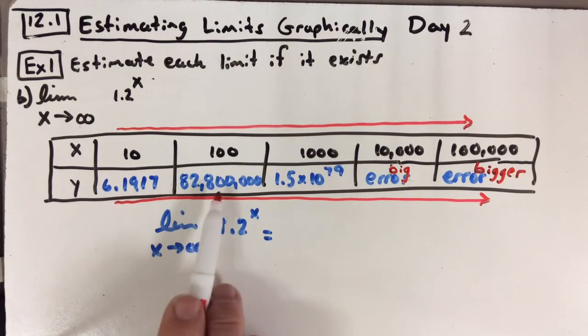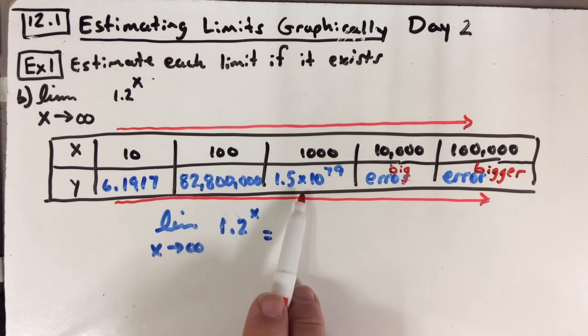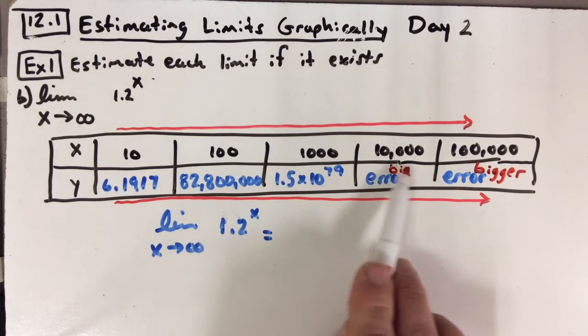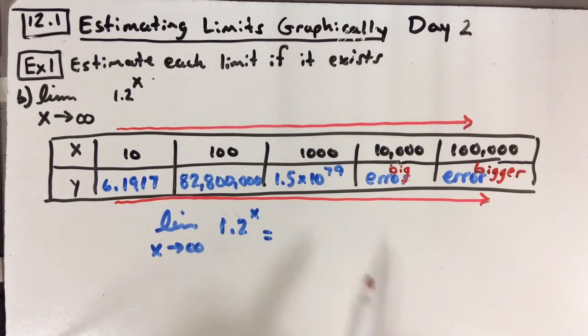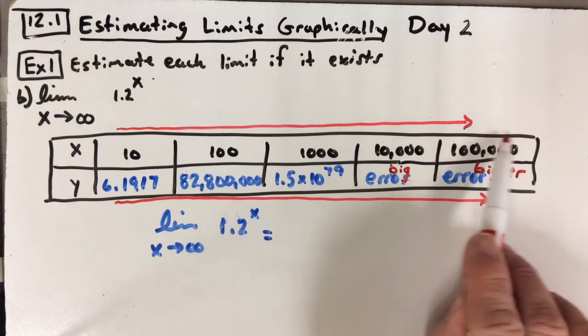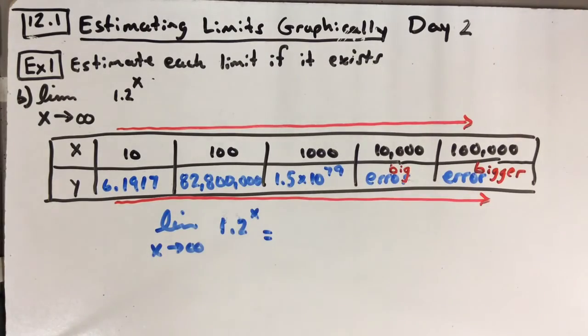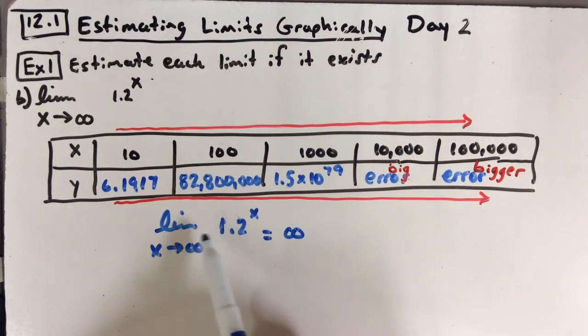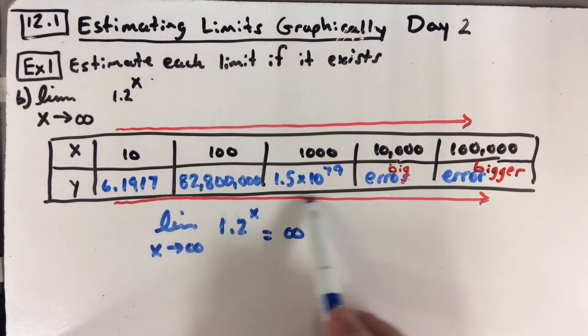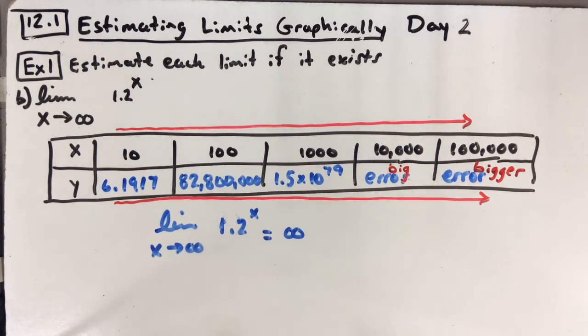Well, 6.2, 83 million-ish, 1.5 times 10 to the 79th power, super big number, even bigger number here, even bigger number here. These just keep getting bigger and bigger. So it looks like as these x's get larger, the y values also get larger, and they just keep getting bigger and bigger. So my answer for the limit as x approaches infinity of 1.2 to the x power looks like these y values are going to infinity.